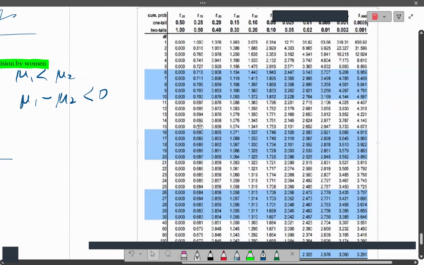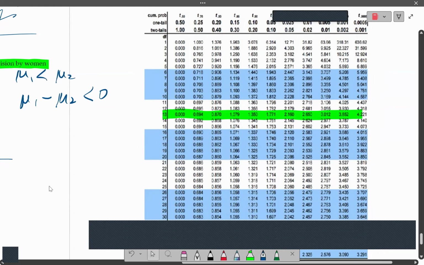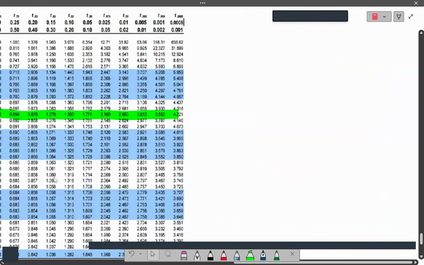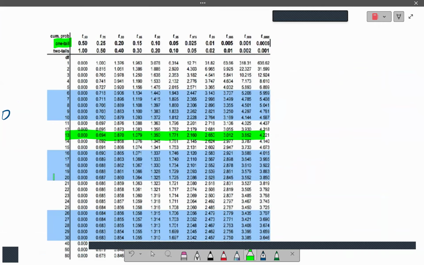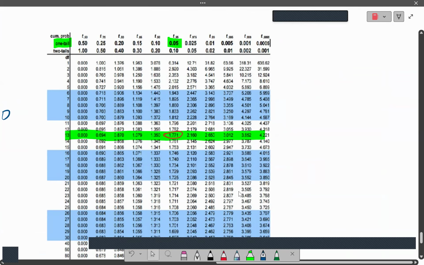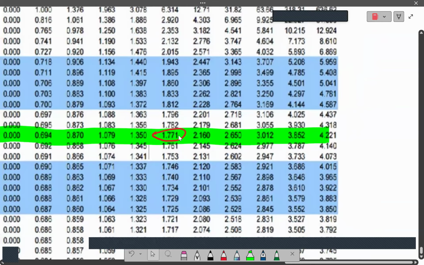Again, here I'm going to use the T table. 14 minus 1 is 13, so degrees of freedom 13, over here. And 0.05, one tail. Is it this number? So 1.771, I believe.